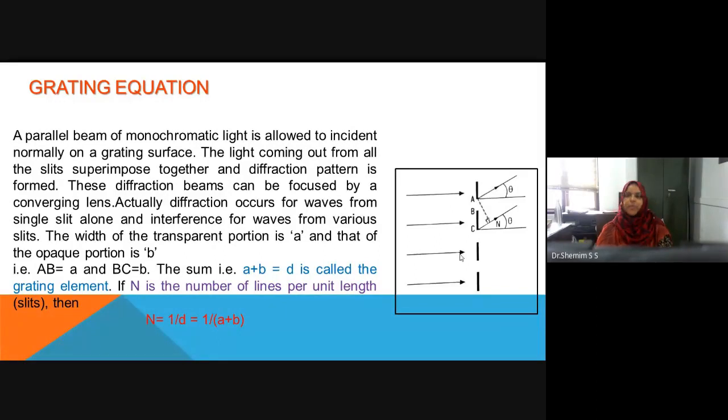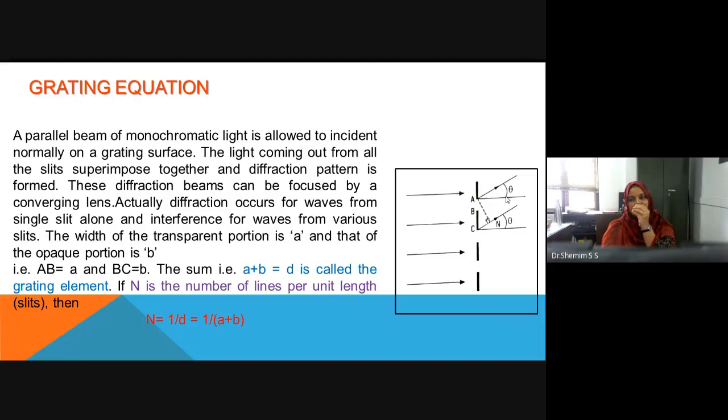per centimeter. Now, if you consider a small slit AB, light will pass through this slit. If the slit was not there, light would pass along this direction. This would be the normal direction of light if there was no slit. But since the light is made to pass through the slit, it is deviated from its original path.